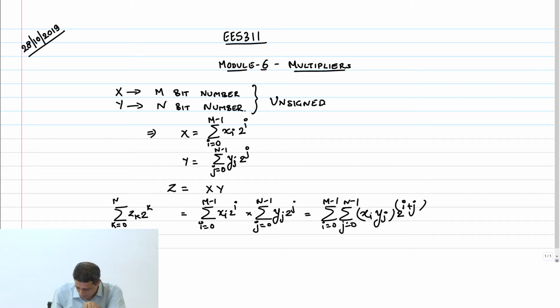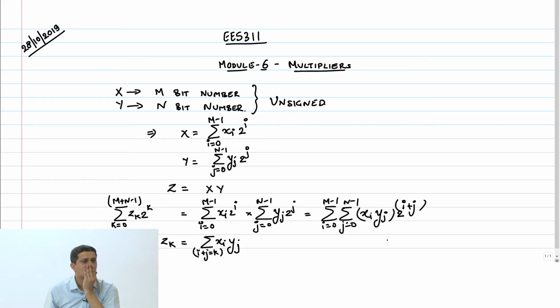So this will become m plus n minus 1. Okay. So what is this coefficient zk? This is equal to the summation of xi yj such that i plus j equals k. So you are just grouping all the terms and you are able to evaluate the coefficient of 2 power k.